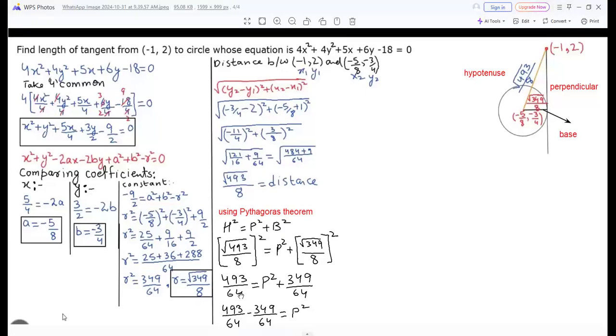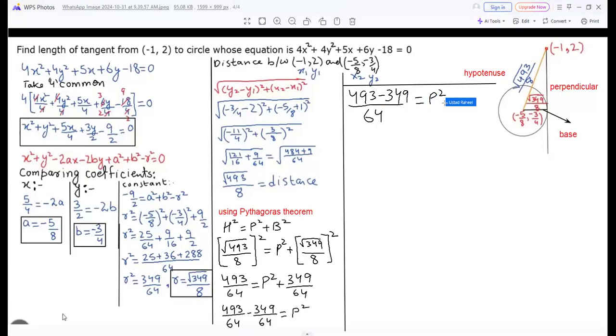So now simplifying it further. As the denominators are same over here, I'm solving it over here so you guys can see. Denominators are same, so 64, 493 minus 349 equals p square.